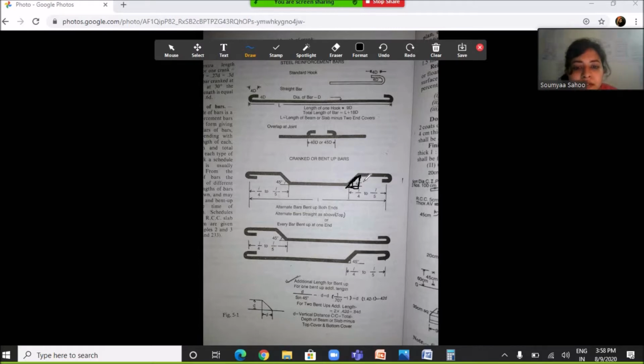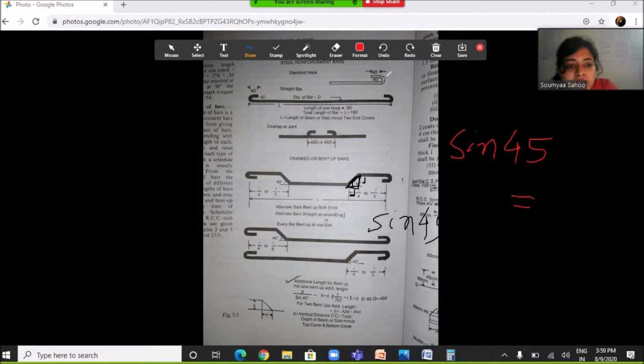So sine 45 equals P by H. If this vertical distance we take as small d, and the base also becomes small d, so sine 45 equals P by H, that means d by H, and suppose this is H, so hypotenuse is equal to d divided by sine 45.